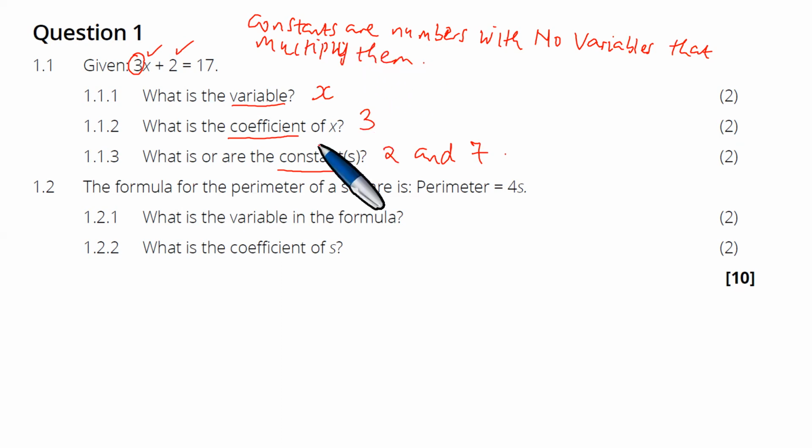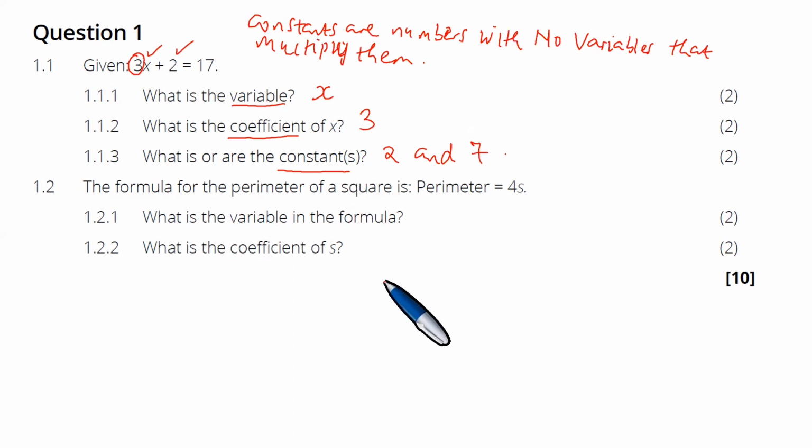So constants are numbers with no variables that do what? That multiply them. Okay. So like 2 is not 2x, it's just a constant then. And the number 17 is also a constant because it's not like 17x or anything, or it's not like 17y, etc., etc.